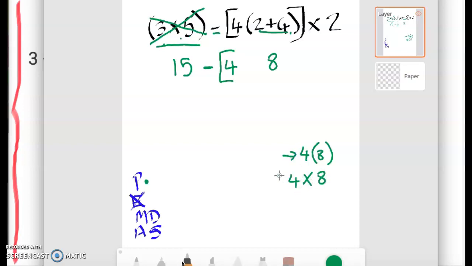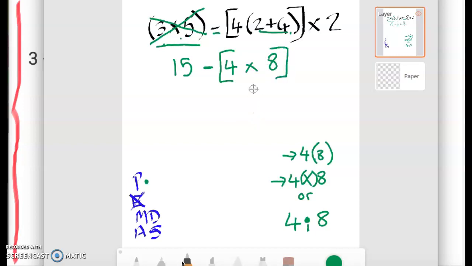So it can look like this, or it will look like this eventually at some point in your school career. That means multiply. It's not a decimal, it's up higher and it's bigger, but it means to multiply. This against this means to multiply. So now that you know that, this would actually be like this.